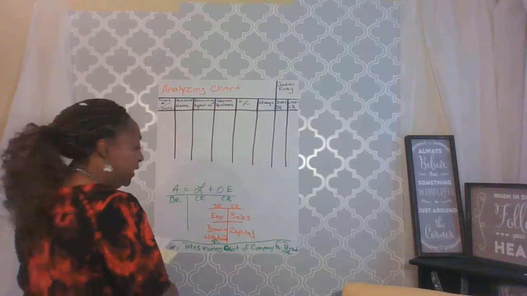So we're going to analyze a transaction on page 47 in our Southwest edition 10 textbook for accounting. We're on page 47, January 16th.